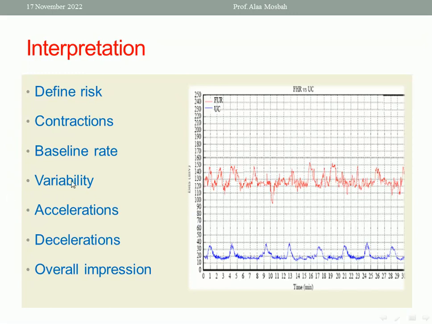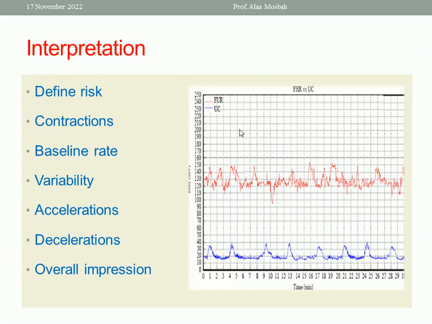Then the variability. What is meant by variability? The difference from one beat to the other, okay? The variability is important to give you an impression about the neurological system of the baby.